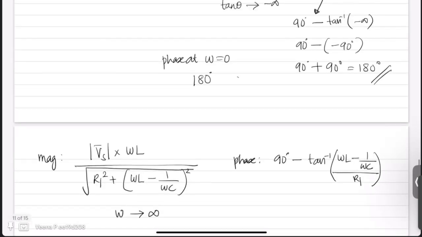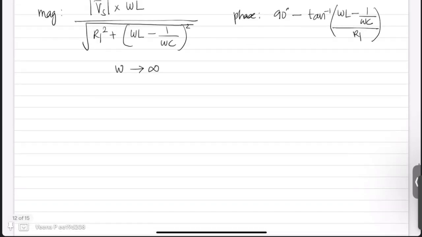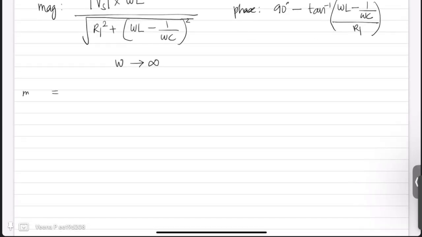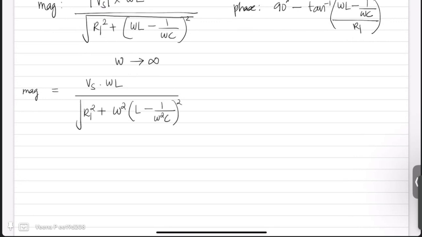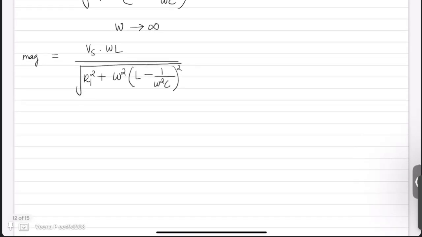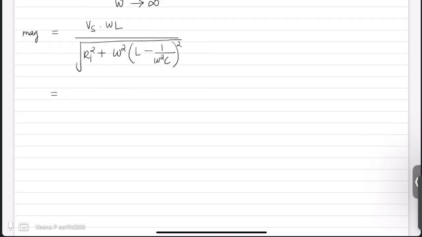So let us rewrite the magnitude as Vs omega L divided by the square root of R1 square plus, taking omega square outside, L minus 1 by omega square C the whole square. So I can take omega in the numerator and omega in the denominator.